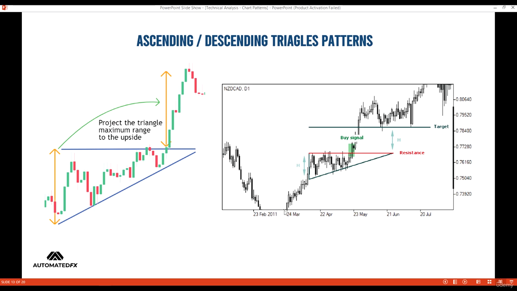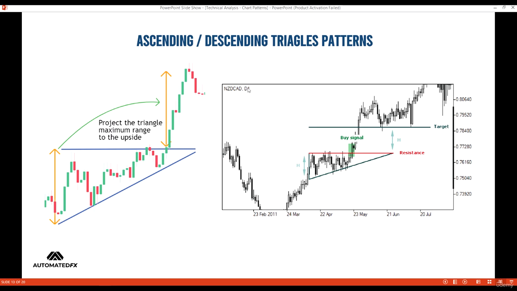Now, we also have this example where it hit here, came down, hit here, came down, hit here, came down, hit here, then broke and continued rallying up and made us this much profit. Now, we have to observe that when you're on higher time frames, it might be a little bit harder to observe some of these patterns, because they won't play out with a lot of candles like how it's doing here.